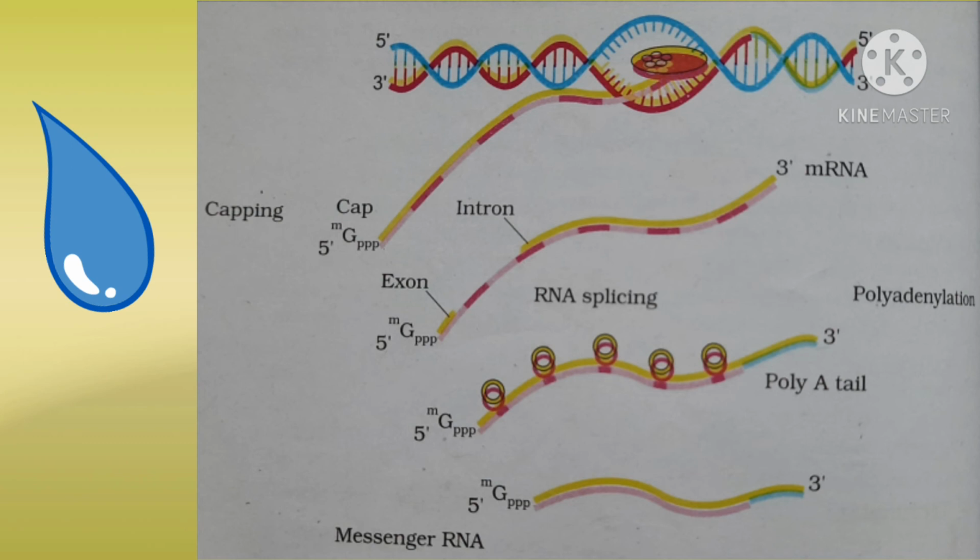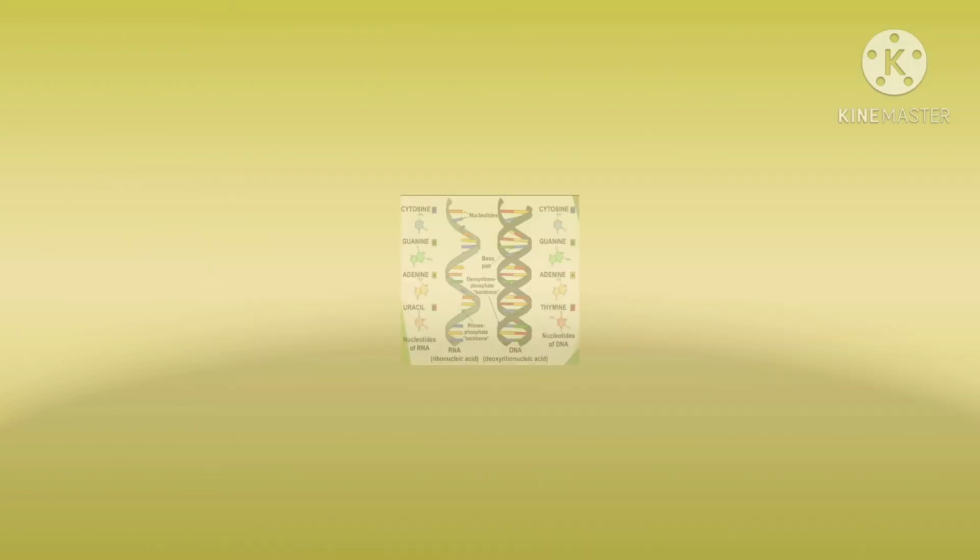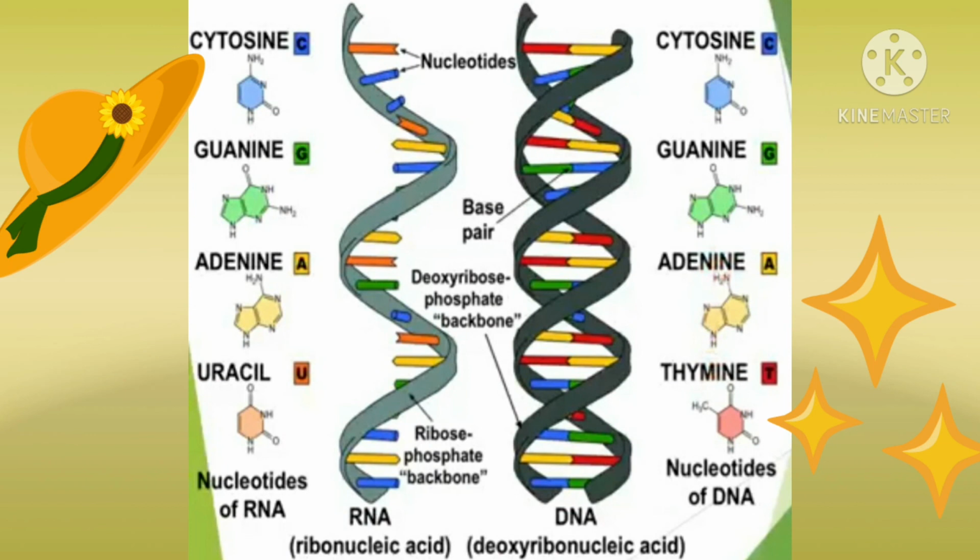Thus, a matured, processed and single-stranded mRNA is synthesized by the process of transcription, but with two major differences between the DNA and the newly produced mRNA. Number 1, the arrangement of ribose sugar instead of deoxyribose sugar is present in DNA.